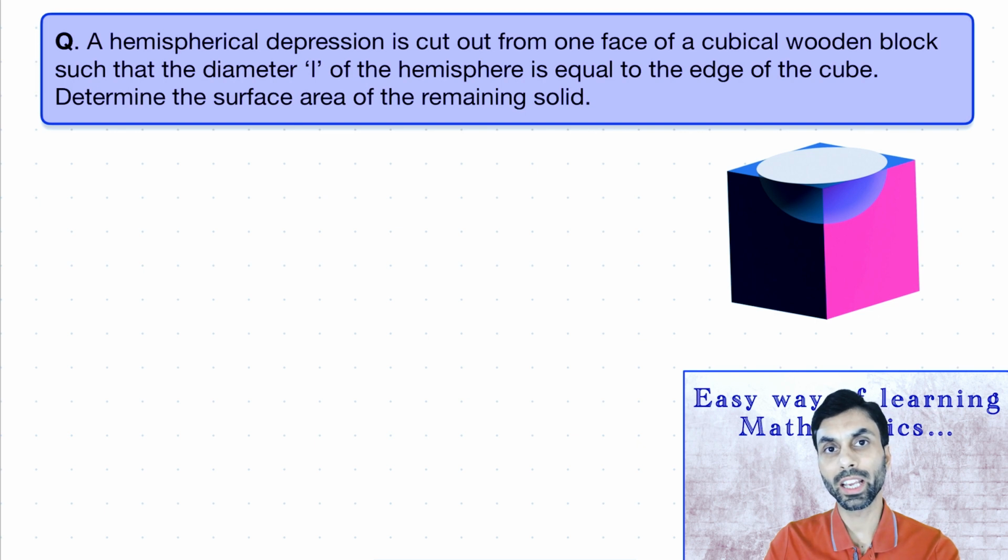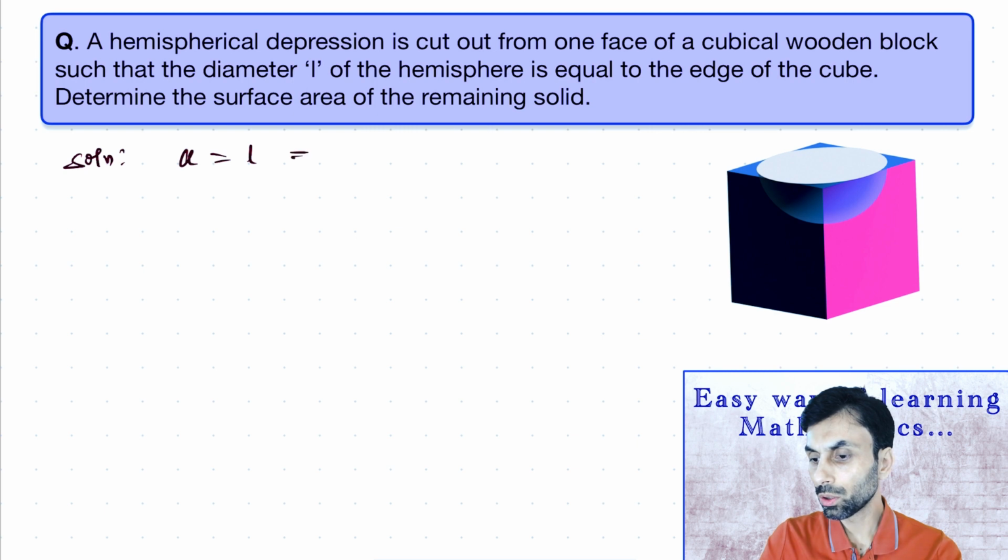Only the difference is here we are cutting out a depression. So here the value of a is equals to L, which is also the value of diameter. Therefore the radius will be equals to a by 2, that is L upon 2.